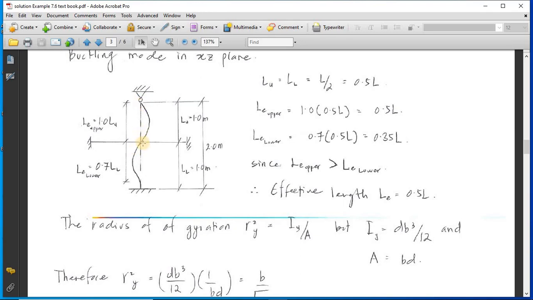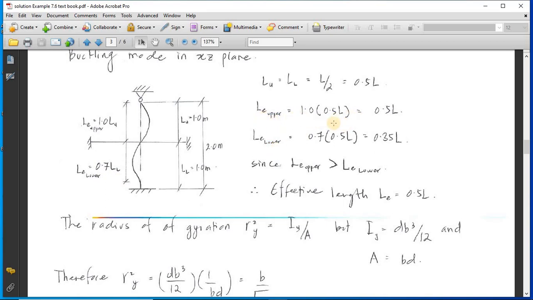For the pin condition, we defined in the previous lecture that LE is equal to 1.0 L. Meanwhile, at the lower part of the brace, the support condition is pin fixed, and for the pin fixed condition, LE is given by 0.7 L. In this case it is L lower. By that we can define in detail the LE upper and the LE lower.